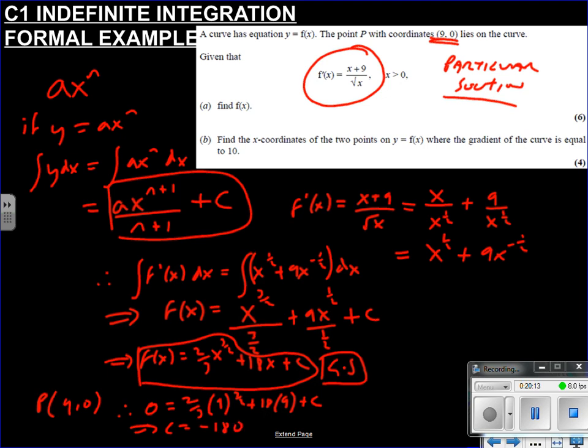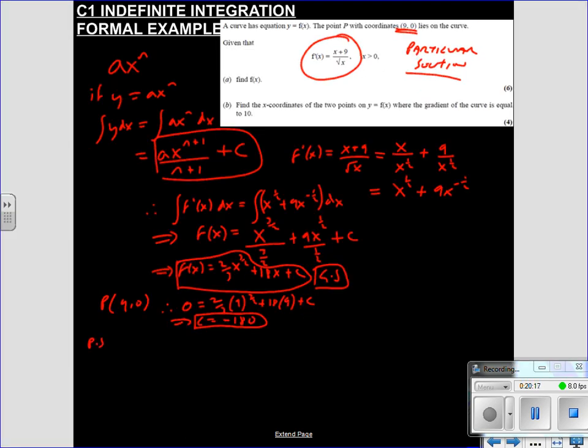So c is minus 180. So therefore, the particular solution is f of x equals 2 by 3 x to the 3 by 2 plus 18x minus 180. There we go. That's done.